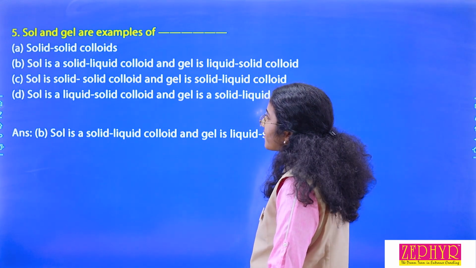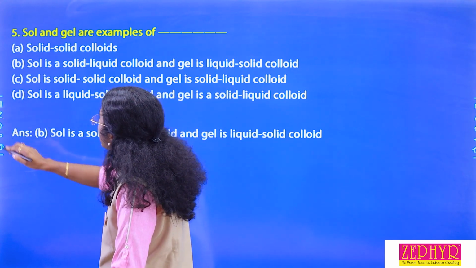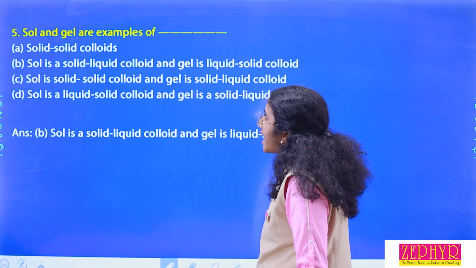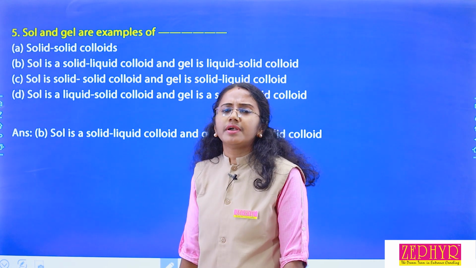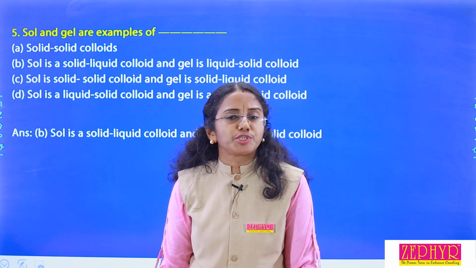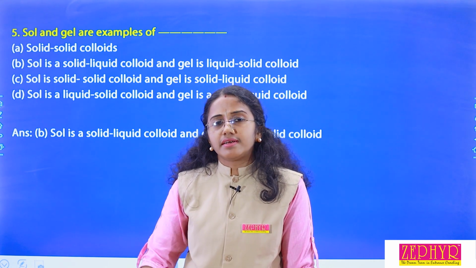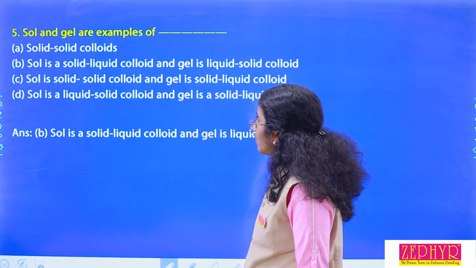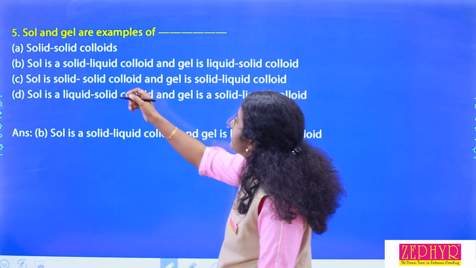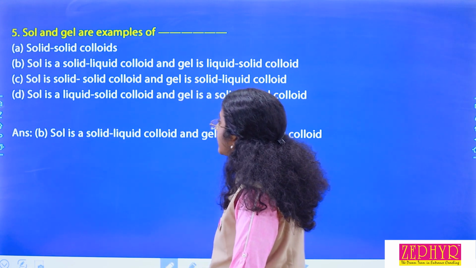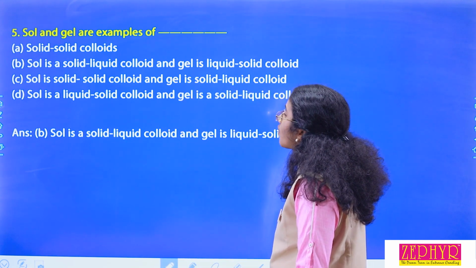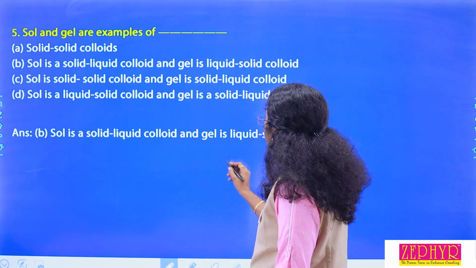Then question number 5. Sol and gel are examples of dash. Based on dispersed phase and dispersion medium, there are different classifications of colloids. Two examples are given, sol and gel. Sol means solid in liquid colloid.